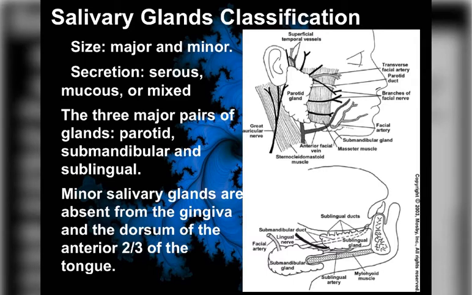An example of a completely serous gland is the parotid gland. And also there is a gland called von Ebner gland, which is a minor salivary gland. So we have one example of major salivary glands as completely serous, which is the parotid, and one example of a minor salivary gland that's completely serous, that's called von Ebner gland.